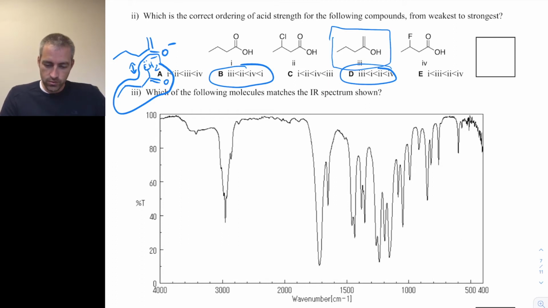So we can cross B off because B doesn't have 4 as the strongest acid, so D is going to be the correct answer. We've identified the strongest, we've identified the weakest, and then the other two will be the second strongest and 1 will be the third strongest.